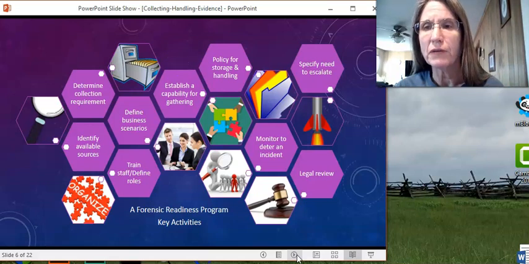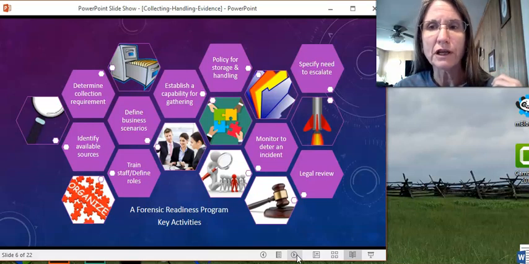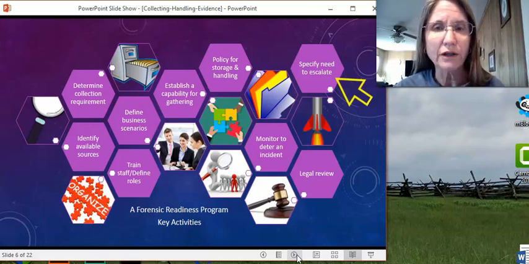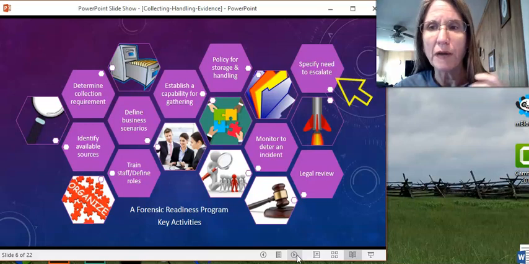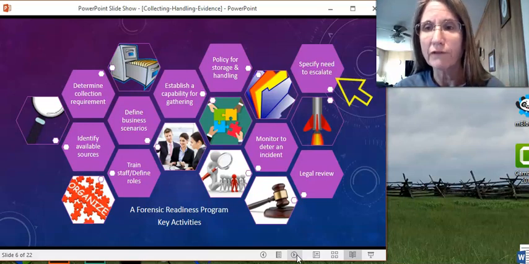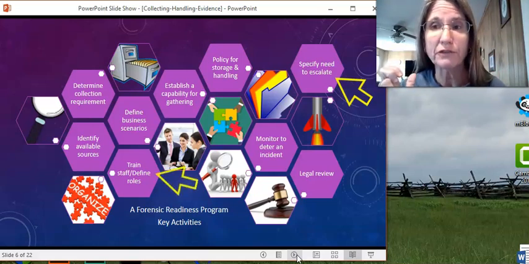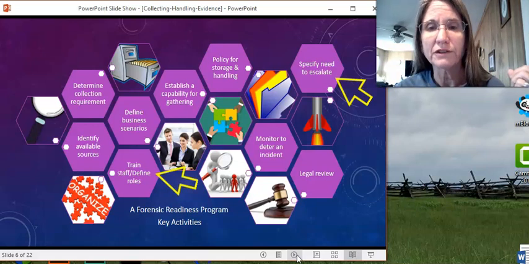Some things can be handled at a department level or a division level, but there should also be thought put into the need to escalate the incident beyond this local level and perhaps involve local law enforcement, or even the State Bureau of Investigation, or perhaps even federal entities.